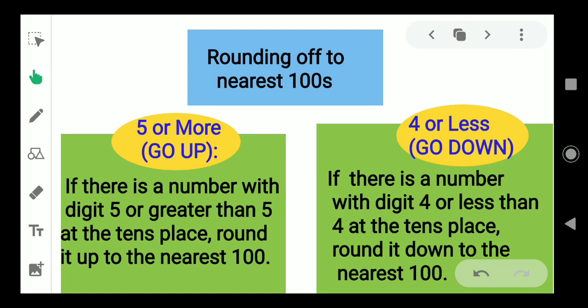To round off to hundreds, we should consider the number at the tens place. If the number is 5 or more, go up. If there is a digit 5 or greater at the tens place, round it up to the nearest 100.